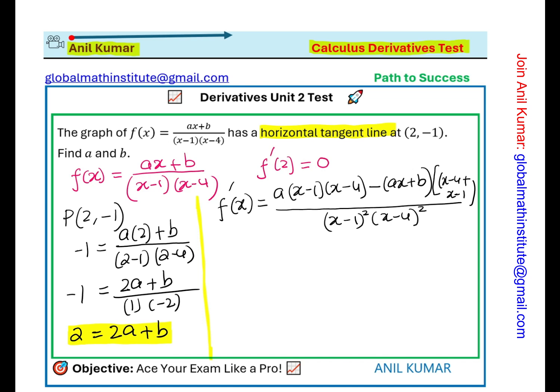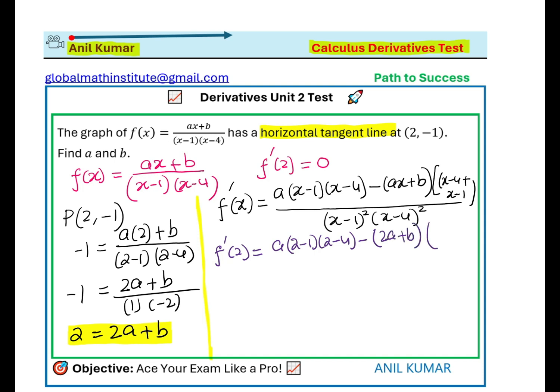So let's substitute the value 2 for x. What do you get? You get a times 2 minus 1 times 2 minus 4, minus 2a plus b times 2 minus 4 plus 2 minus 1, divided by 2 minus 1 whole square times 2 minus 4 whole square.